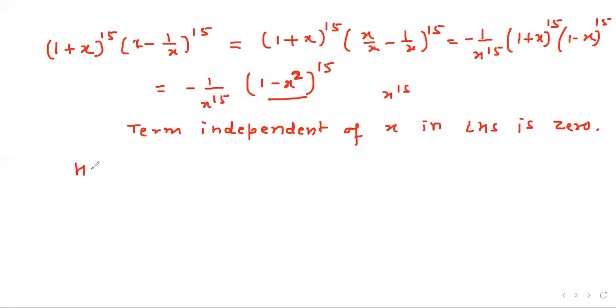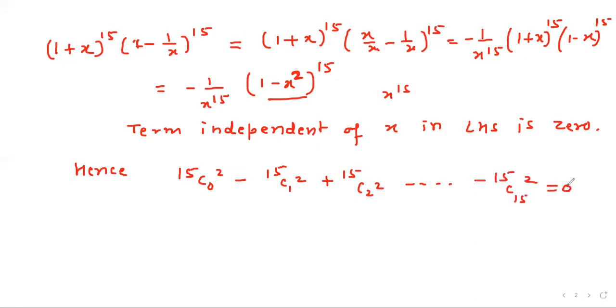Hence, we can say that 15C0 square minus 15C1 square plus 15C2 square minus 15C15 square must be equal to 0.